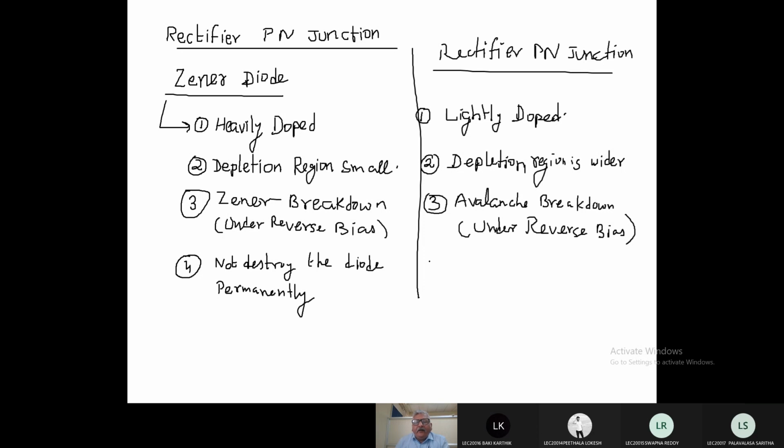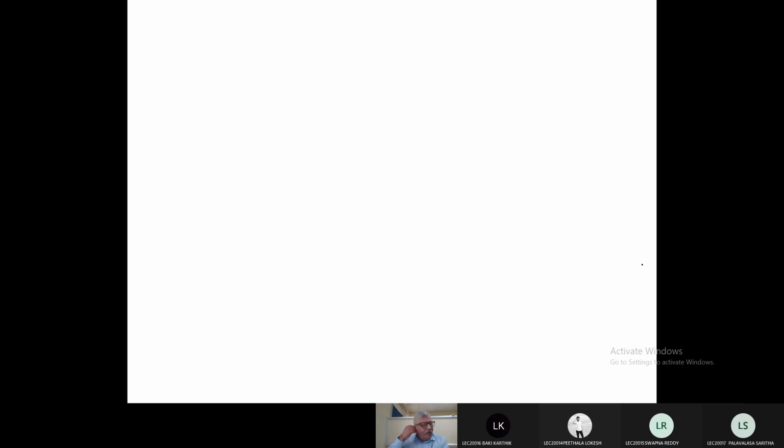And in the case of a normal rectifier PN junction diode, it destroys the diode permanently. Okay, so I will tell you how this happens.